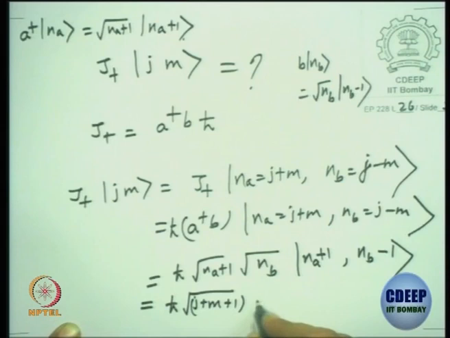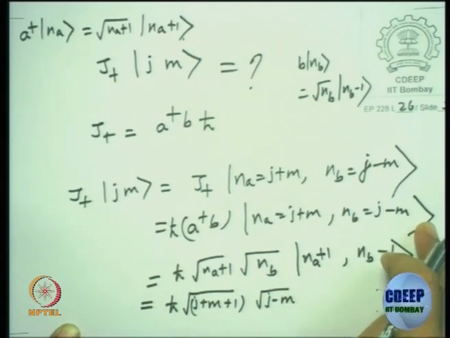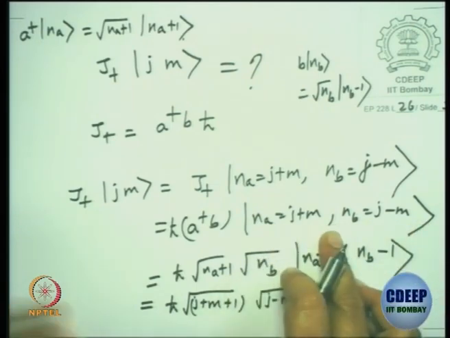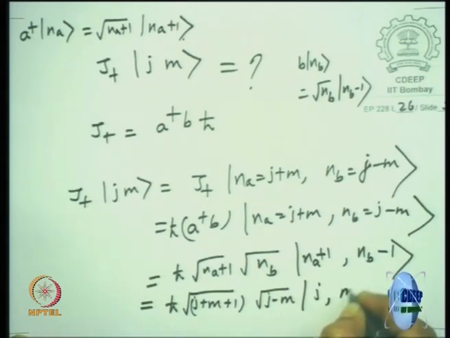Instead of Nb, I will put it as J minus M. Is that correct? Nb is J minus M. Na is J plus M. And what will I write here? I can write this as J. J doesn't change. M changes to M plus 1.